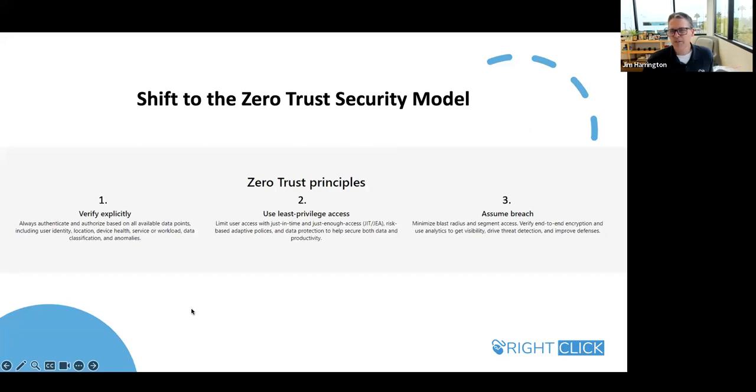Now, here's where we're going to talk about the shift to modern security. Zero trust is a framework. It's an idea, and if you start thinking zero trust, it really helps you choose your new security technology.